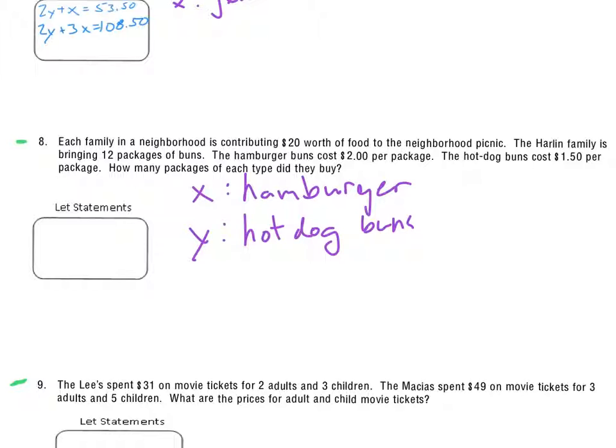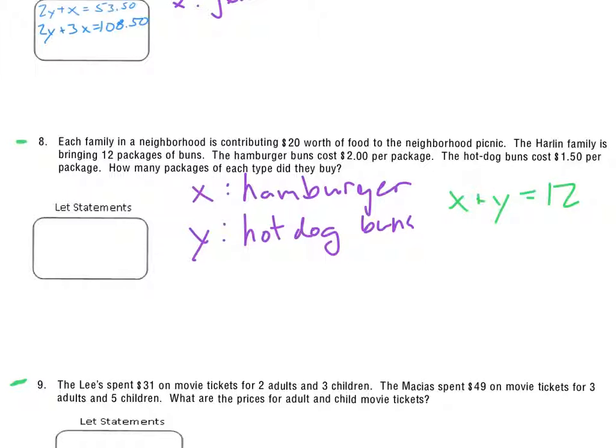And now these are going to be referring to the packages. So if we look back at the question, it says 12 packages of buns total. If x is packages of hamburger buns and y is packages of hot dog buns, and we have 12 total, our first equation is x plus y equals 12, because there's 12 packages total.